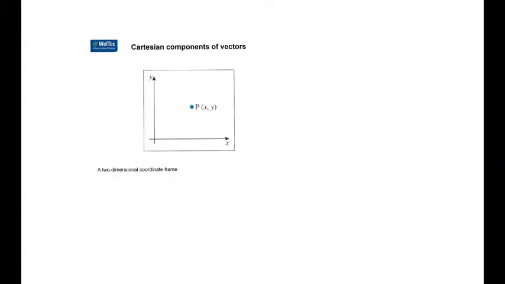You know about putting a point onto a two-dimensional coordinate frame, like the coordinate geometry that we've already done. But what we're actually going to do now is talk about this kind of thing in terms of unit vectors. So we're going to have a triangle like that with a hypotenuse of r and x that way, and that's your y dimension there.